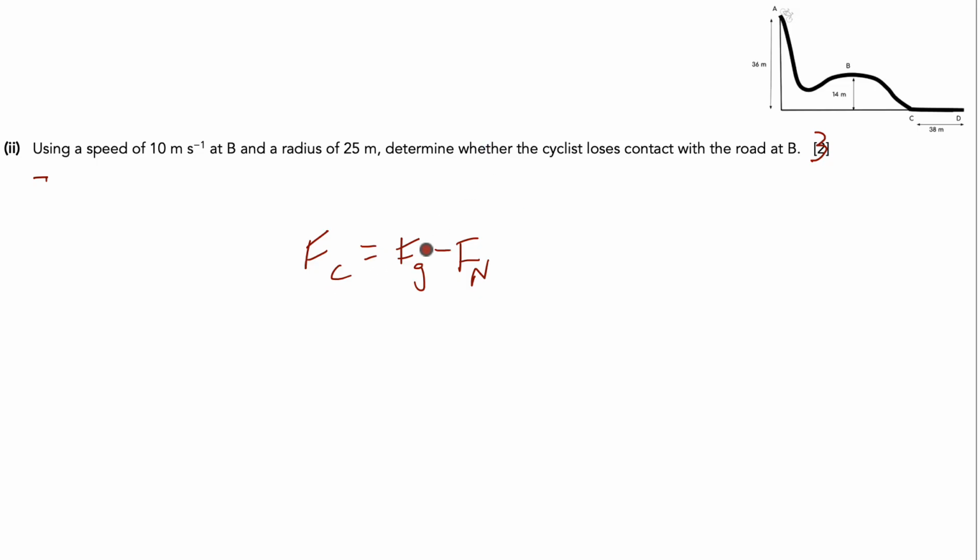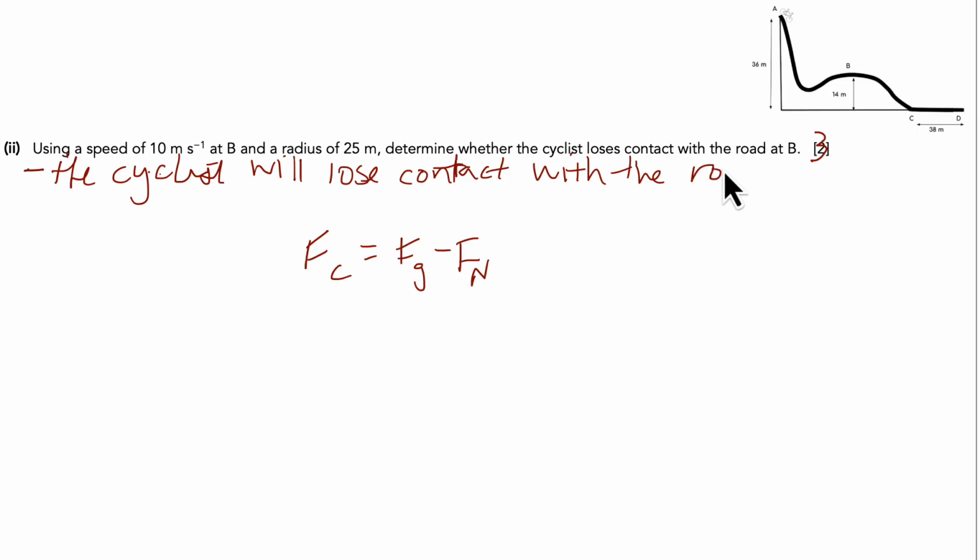Whether or not it makes this complete circle and stays on the road will be as long as we have a normal force. So what we're going to say then is the cyclist will lose contact with the road when the normal force equals 0.